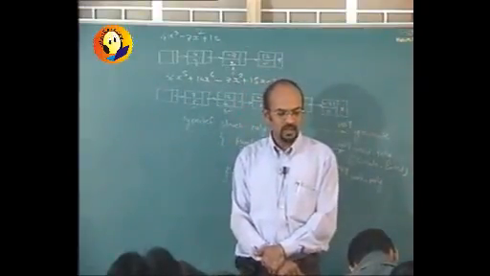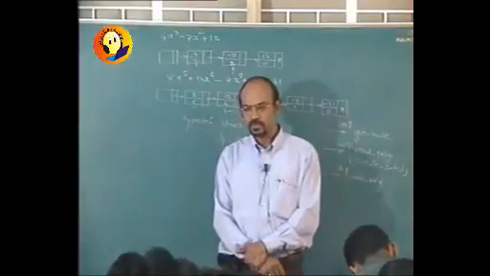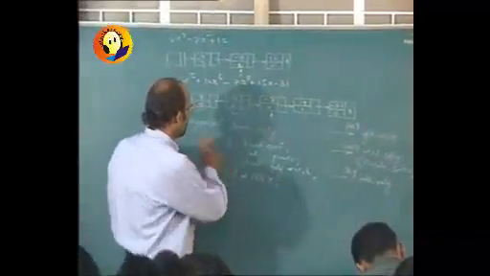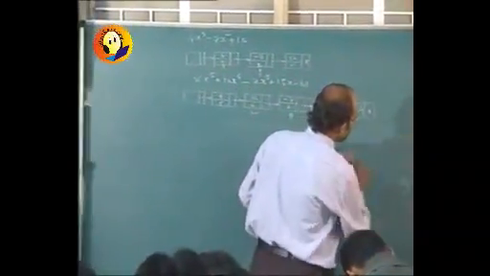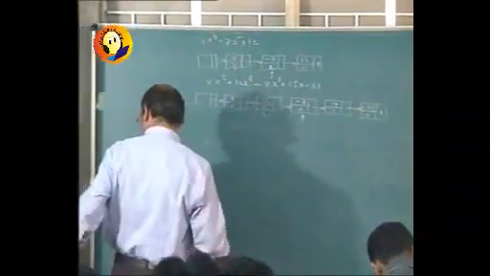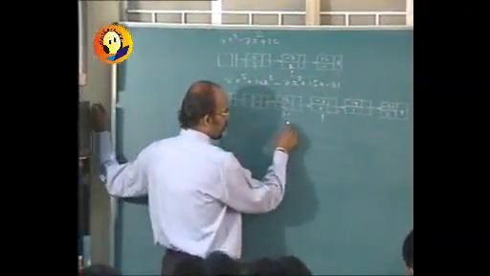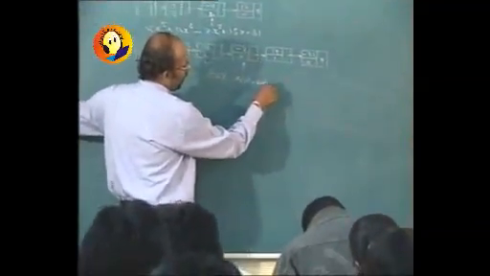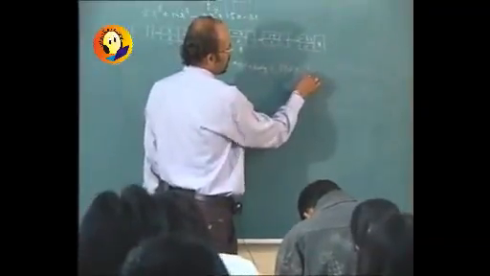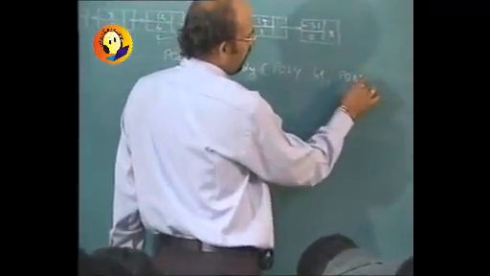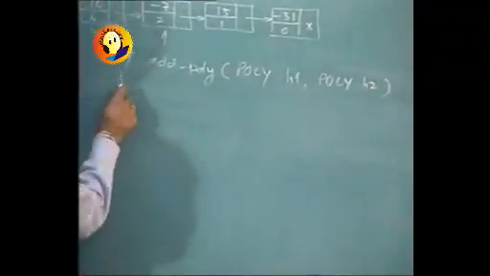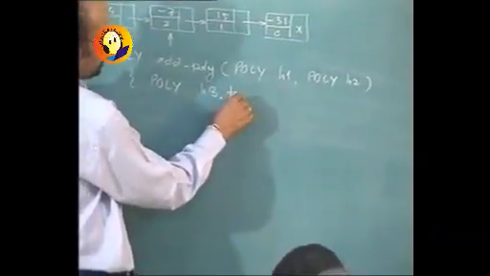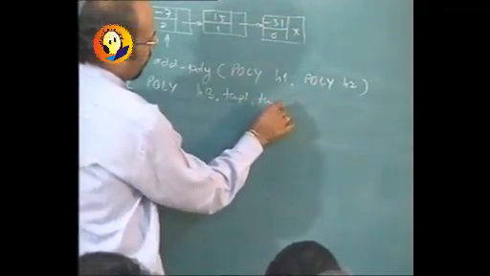Whereas the add poly program will be passed with two headers, h1 and h2: you will pass the header of the first polynomial and the header of the second polynomial. It is the third header, then temp 1, temp 2, temp 3.